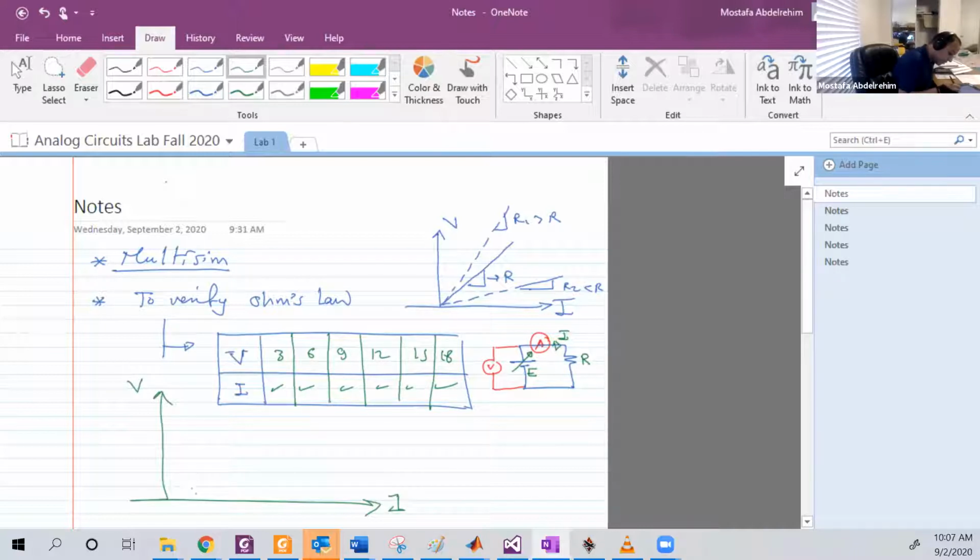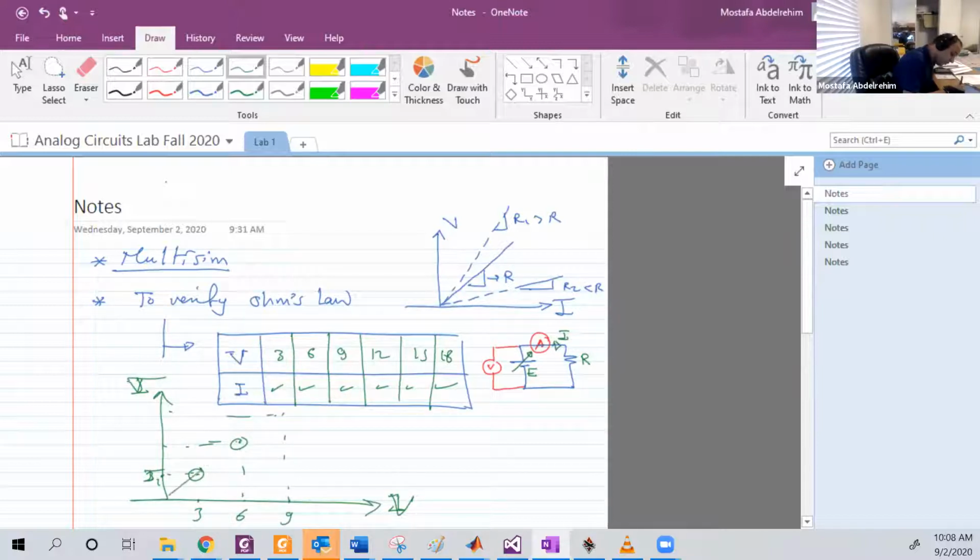For example, at V equal to 3, we get this current, I1, just a point. At V equal to 6, we have this current, and continue in the same way.